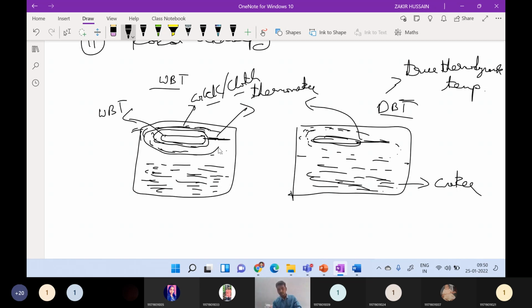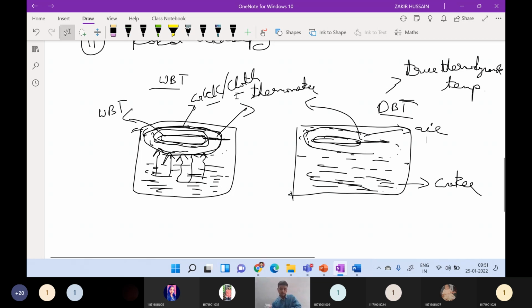If you want to measure the surrounding air temperature inside some vessel and you cover your bulb with some wick, then the surrounding water vapor can be absorbed by this wet cloth or wick, and it measures a temperature. This temperature is called wet bulb temperature. Without any covering, if the bare thermometer is measuring the temperature of the surrounding air, then it is called dry bulb temperature. This dry bulb temperature is the absolute, or true thermodynamic, temperature. I hope wet bulb and dry bulb temperature are clear.